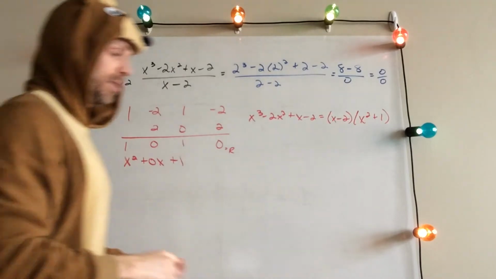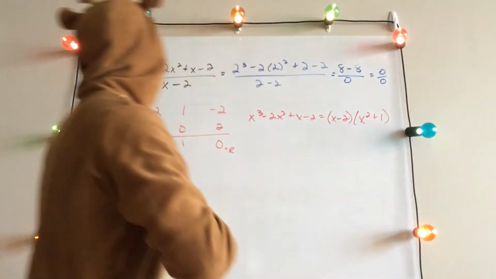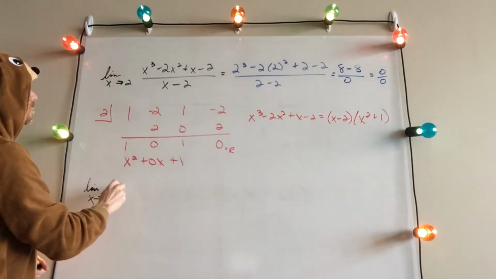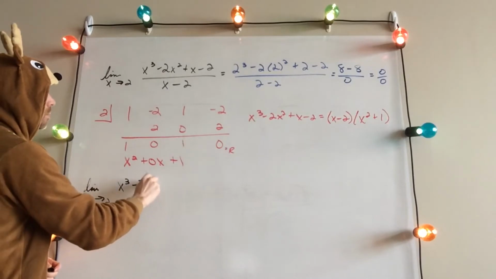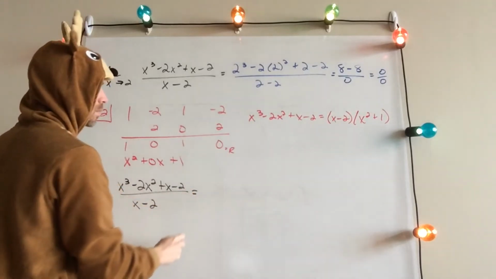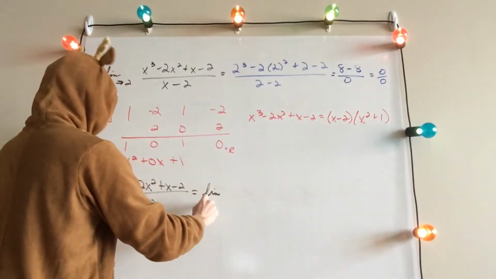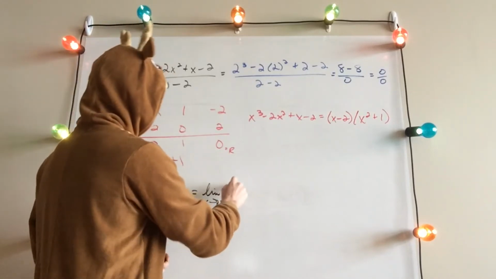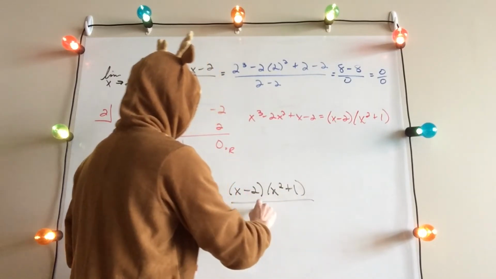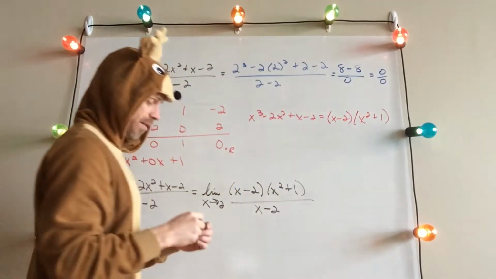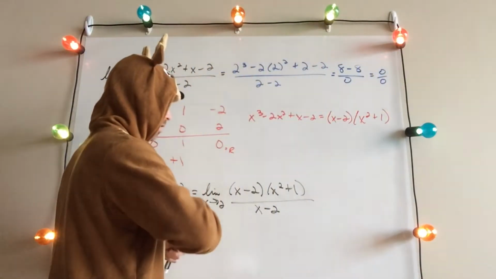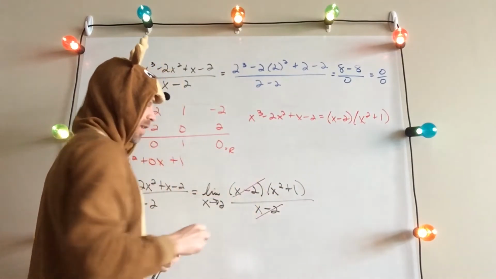Okay, so we factored the numerator. We have that repeated factor down low and up top.